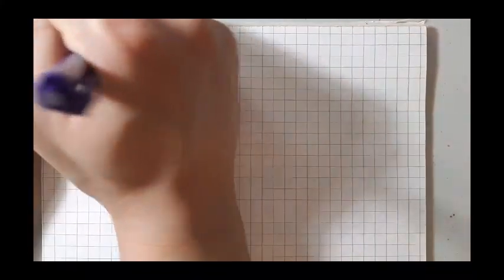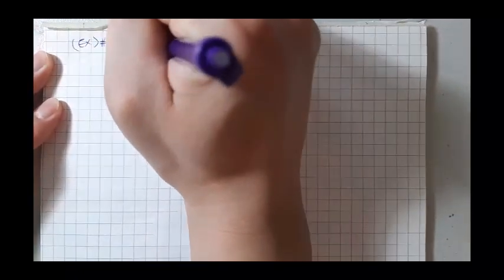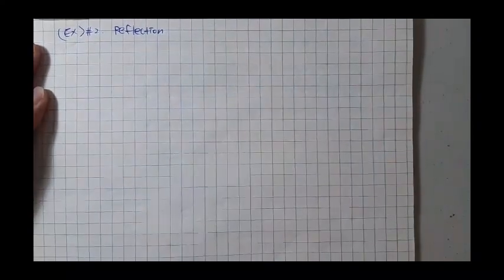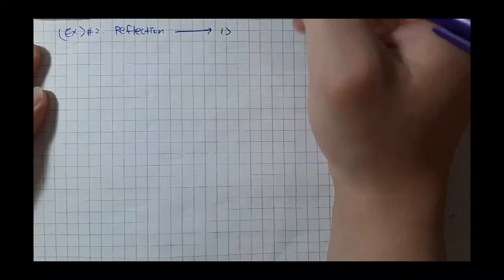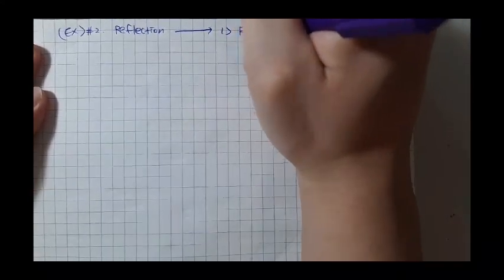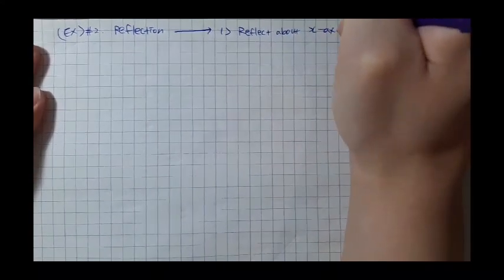Now next one, let's do a reflection. Now reflection has a few different ways. The very first thing you can do is, what if it's reflected about the x-axis?